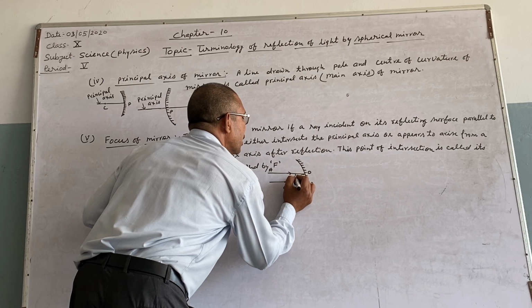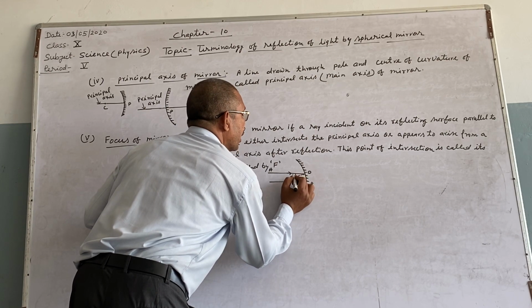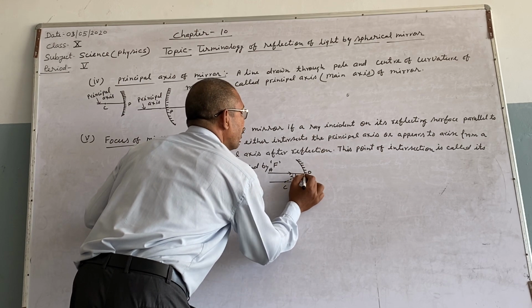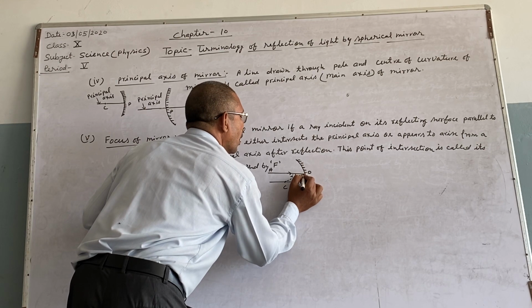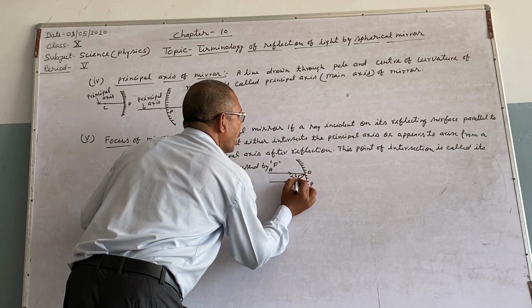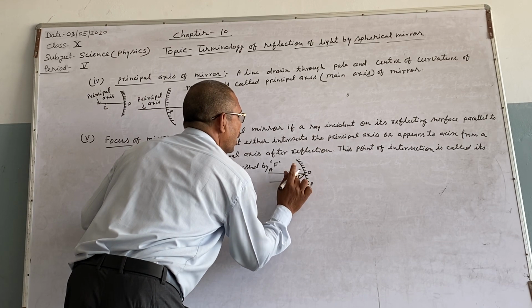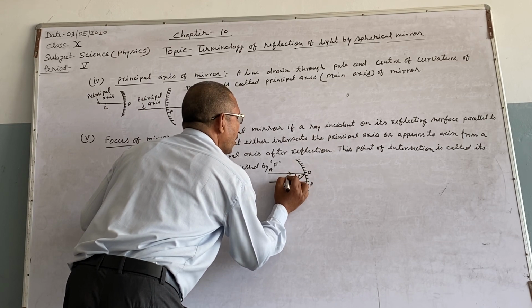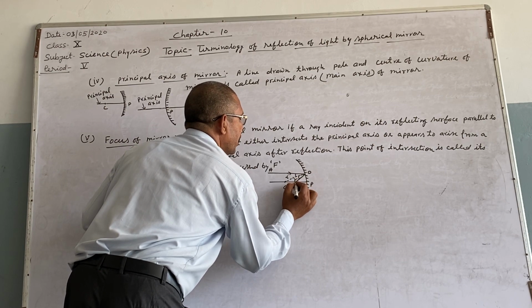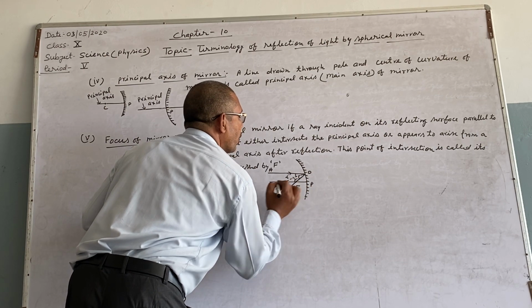And this is angle I. Draw an angle equal to angle I from point O. This point of intersection is called focus.